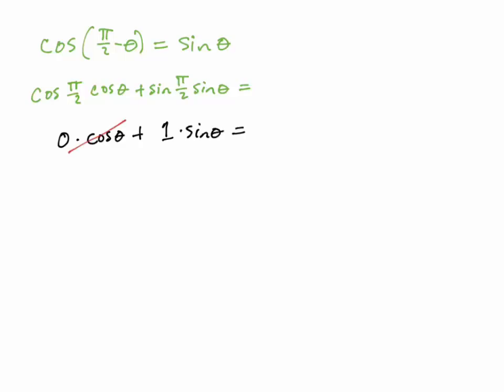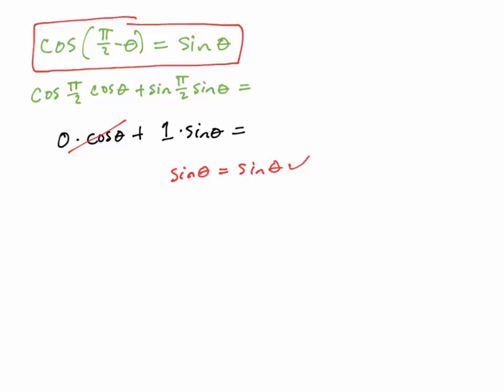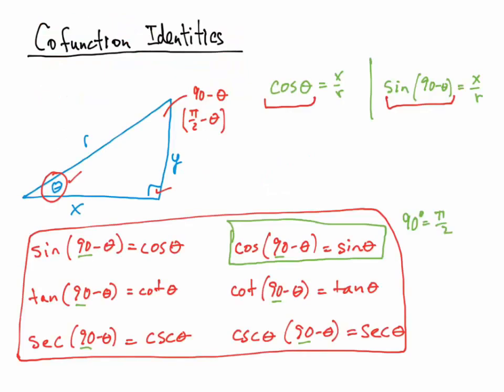And 0 times cosine theta is 0, so this is just 1 times sine theta. We get sine theta equals sine theta. So what that tells us is that, yes, this is in fact an identity. And going back to all of these cofunction identities, we could prove them in a similar way.